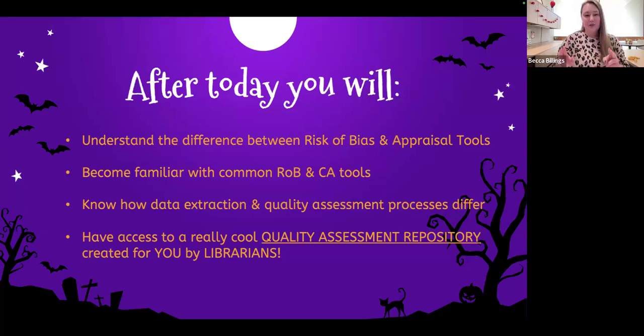And you will see different templates of data extraction or matrix tables and quality assessment tables and covenants. So we'll briefly hit on that today too. And the treat of today is really having access to an awesome repository on not all, but many different quality assessment tools of risk of bias and critical appraisal tools that you have access to. And that has been created by some of our library colleagues.